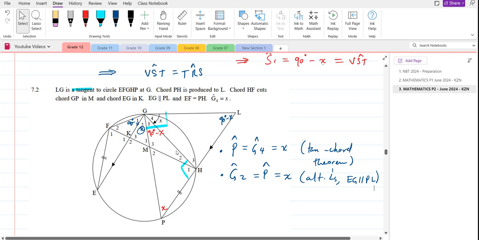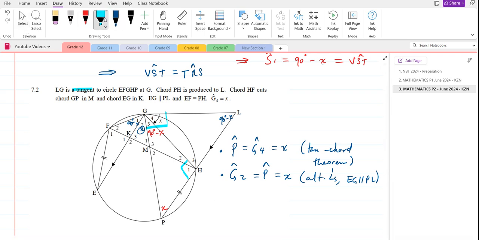Okay, let's try angles in the same segment. Look at GH. We're going towards angle P, and look at GH, that's going towards angle F. So we found angles in the same segment, so that is also x there.